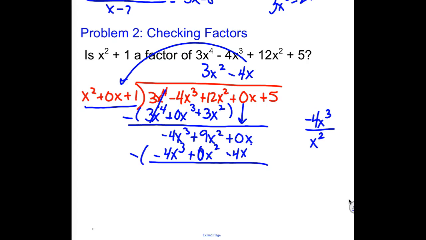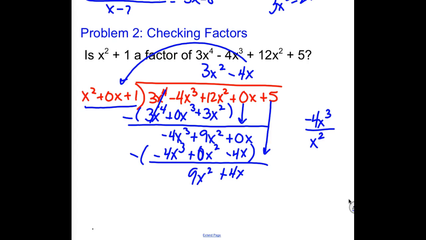When I subtract that whole row, the x cubed go away. I have negative 4 of them. I'm subtracting negative 4 of them, so I have nothing left. I have 9x squared. I'm subtracting nothing. And I have 0, and I'm subtracting a negative 4x. What happens when you subtract a negative? You're really adding. So 0 plus 4x would be 4x.